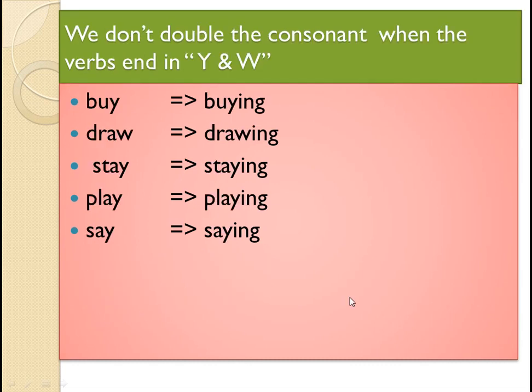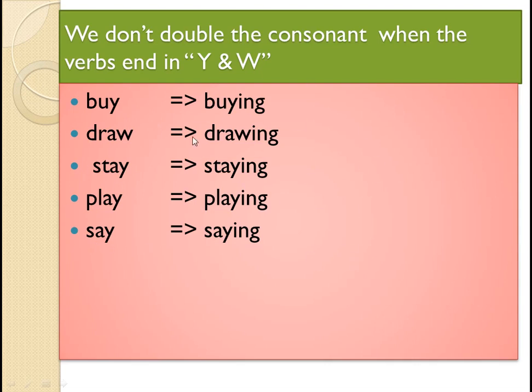One more rule. We don't double the consonant when the verbs end in Y and W. As I mentioned before, we have to double the consonant when a vowel plus one consonant, but in this case we don't double at all because the verb ends with letter Y or W, like buy to buying, throw throwing, stay staying, play playing, say saying.